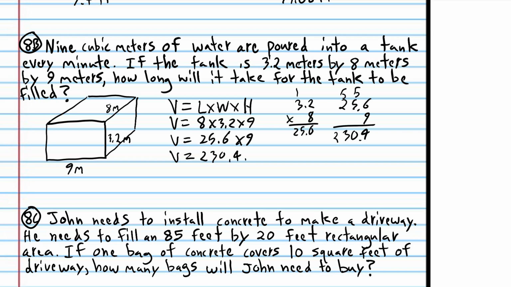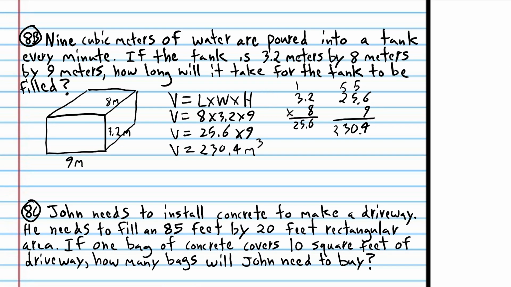So that's the volume. That's how much space is inside this what's called a rectangular prism. So if you try to put a bunch of cubes inside here that are 1 by 1 by 1 meter, then you'll fit 230.4 cubes inside there. So that's how you measure a three-dimensional space.